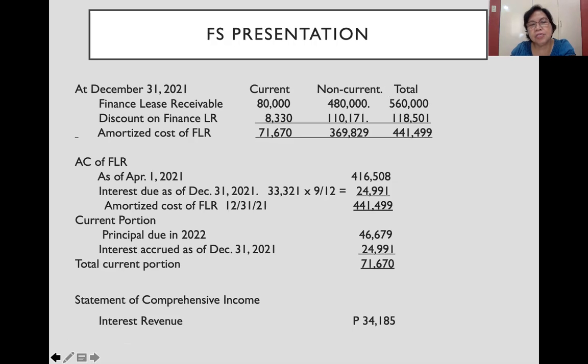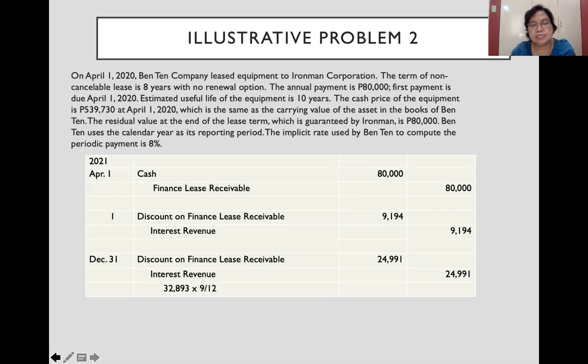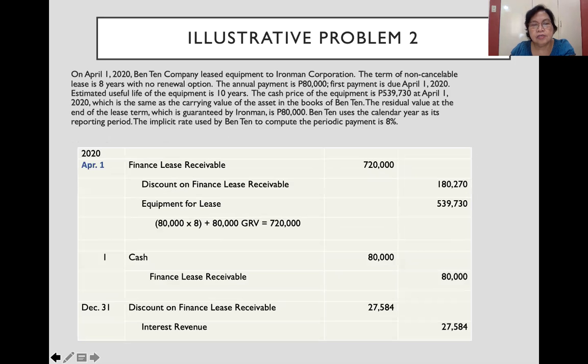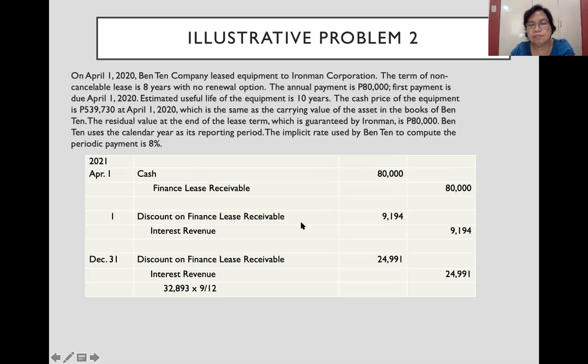Then determine the balance of discount on finance lease receivable. So your discount on finance lease receivable was initially established at 180,270, reduced by 27,584 at the end of 2020. On April 1, further reduced by 9,194.